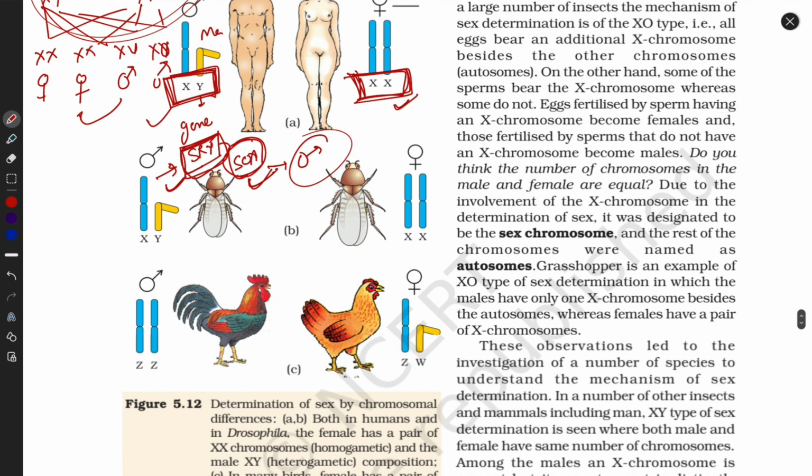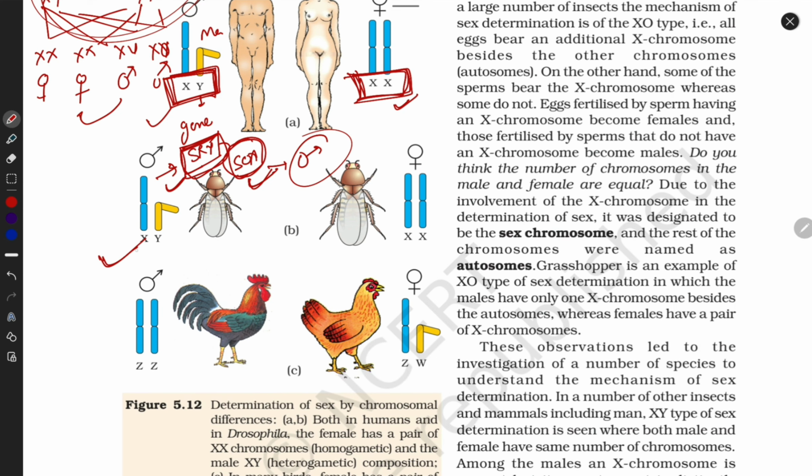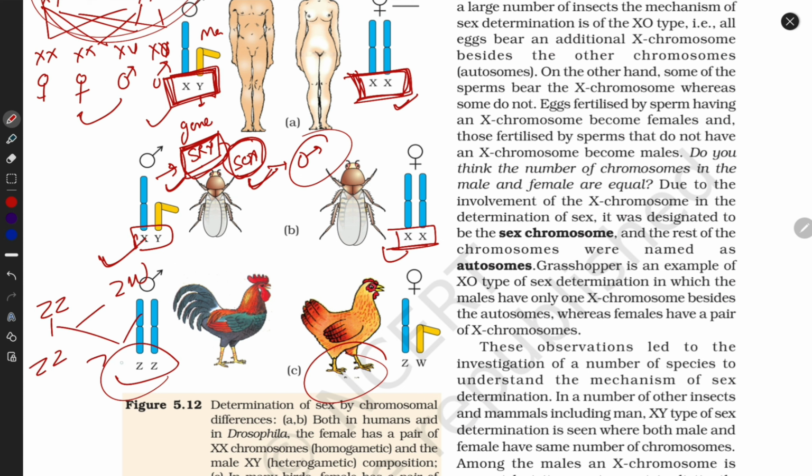According to male and female humans, here is an example of Drosophila. Here are their chromosomes: XY in male and XX in female. You can cross and get results accordingly. There is another example where ZZ is male and ZW is female, which is different here.